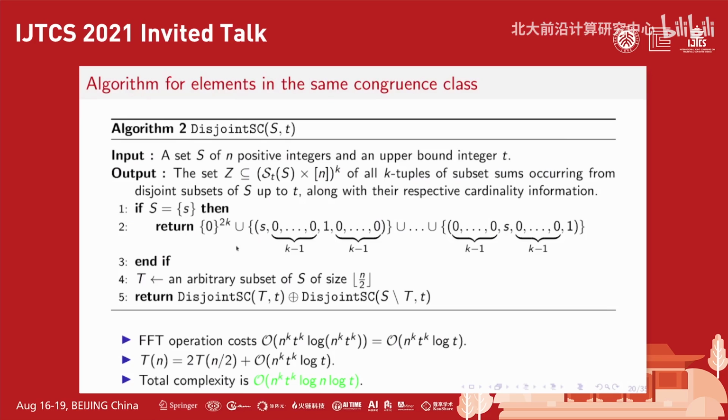Alternatively, if the input set contains more than one element, we simply partition the input set into subsets of equal, or almost equal, cardinality. The total complexity occurs to be this one.